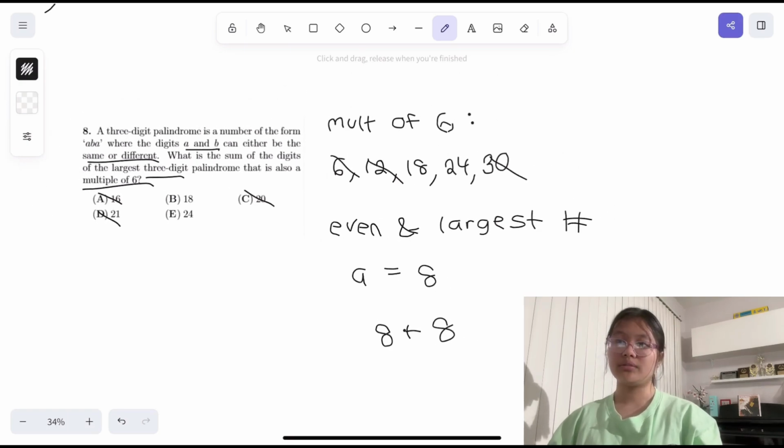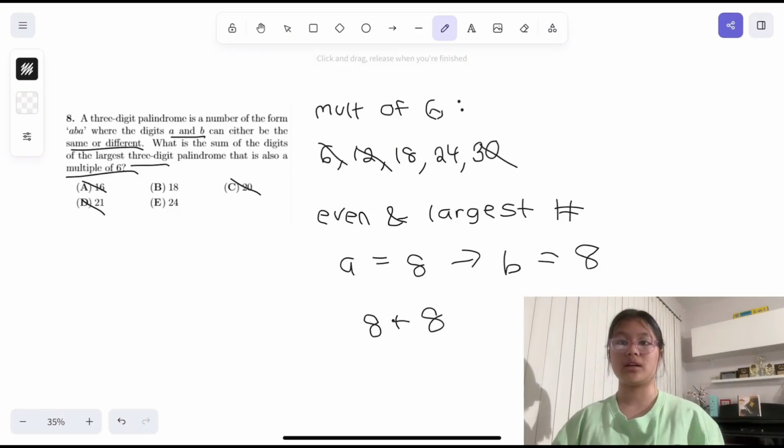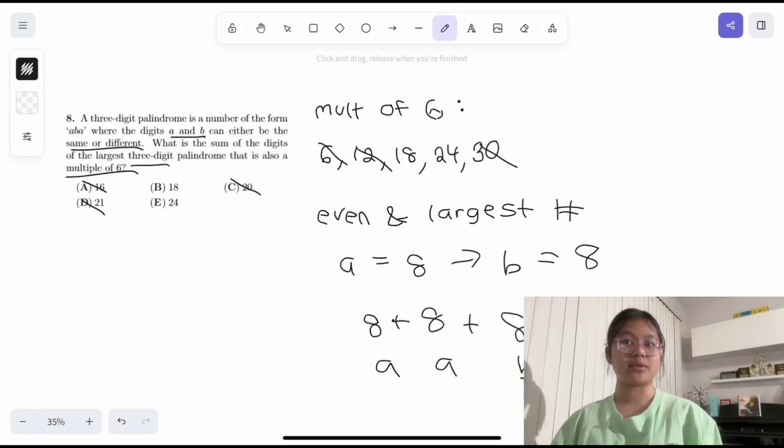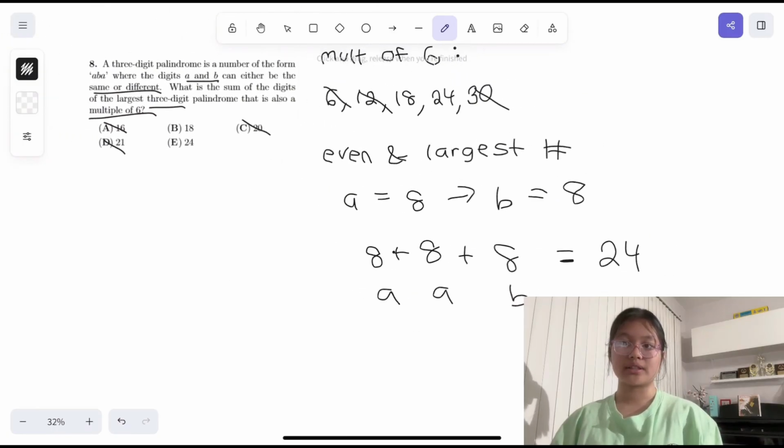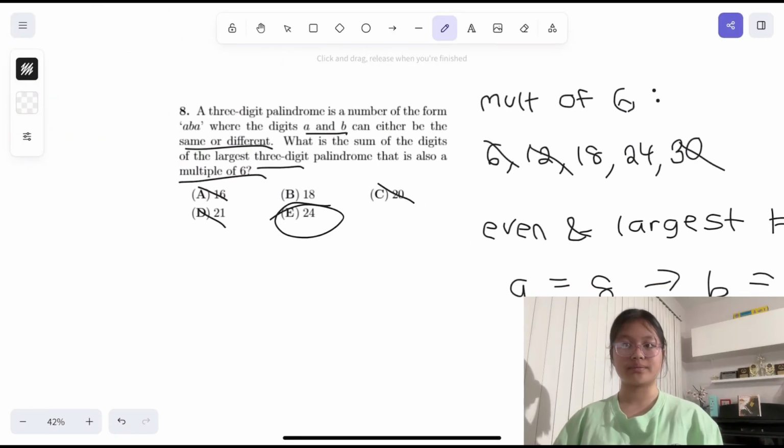For B, we could also do even and largest, so it can also be 8. So it's ABA, so A plus B, so we're switching on the order. So 8 plus 8 plus 8, and that equals 24. So our answer is 24, which is E.